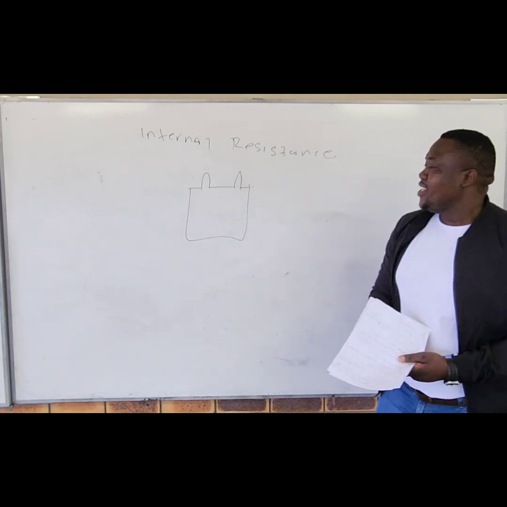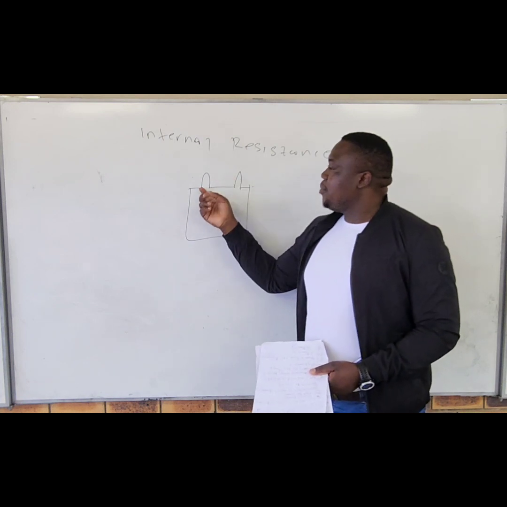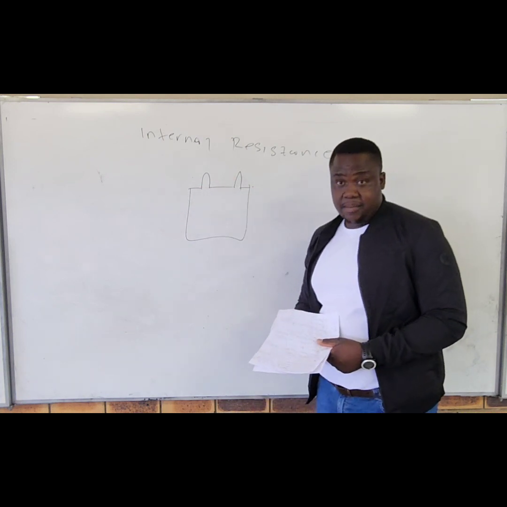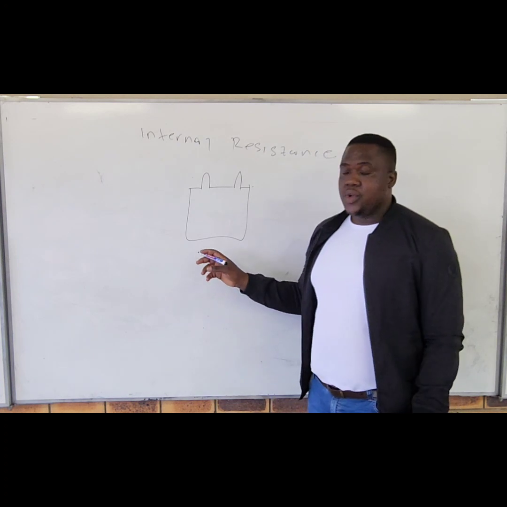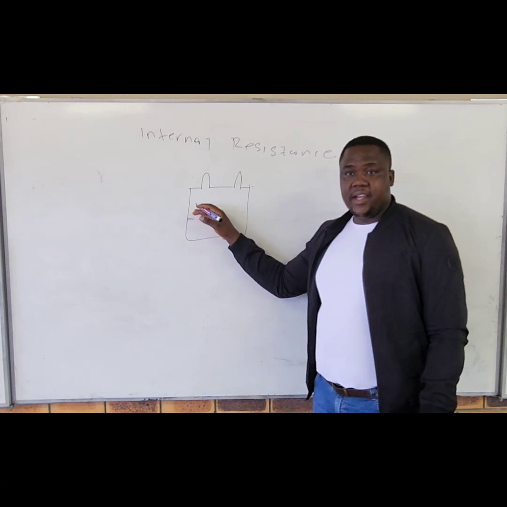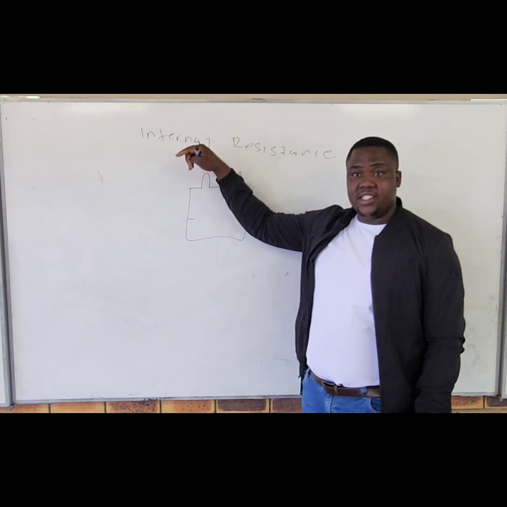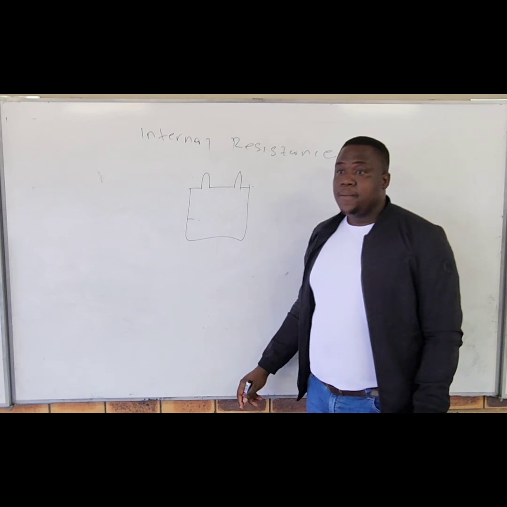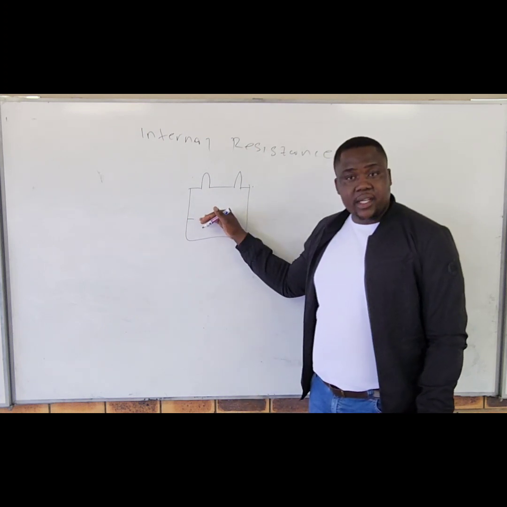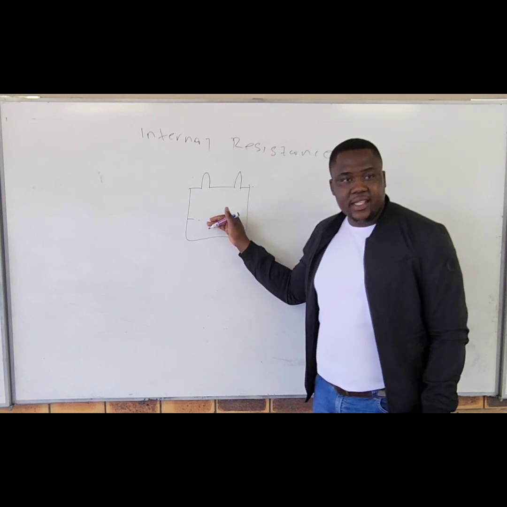These are the positive and negative terminals. We know that this battery is going to drive current so that charges can start to move, because current is charges. Inside this battery, there will be internal resistance.